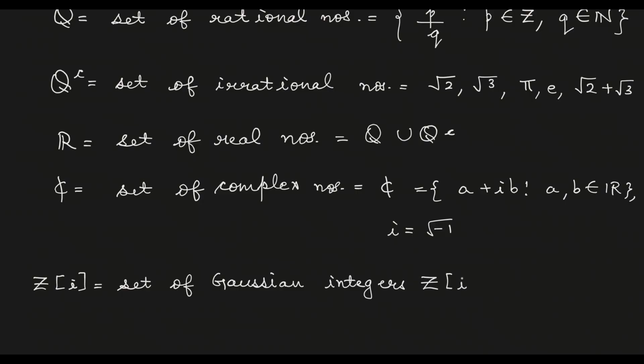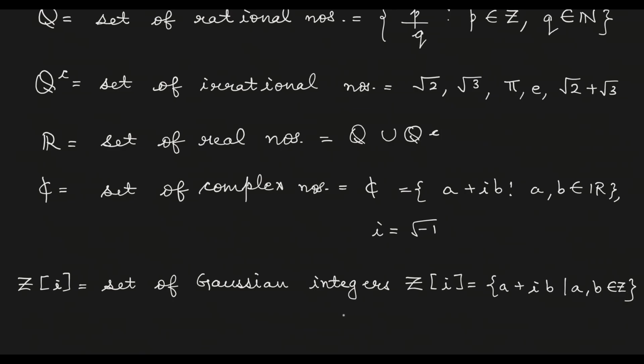Z[iota] is a plus iota b, and here a and b belong to integers. And this Z[iota] is read as Z adjoint iota.